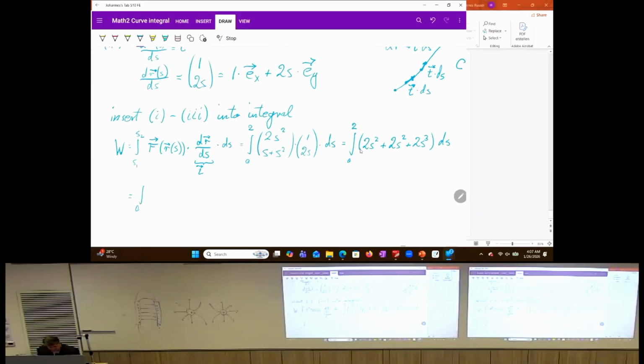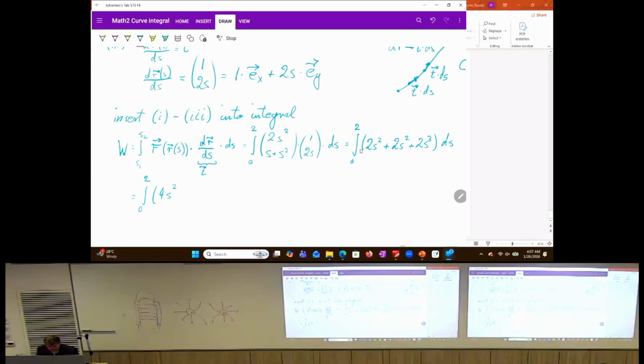So we integrate from 0 to 2. We have 2s squared plus 2s squared, which gives us 4s squared, and then 2 times s to the power of 3. We integrate that. What gives us the integration of s squared? It gives us s to the power of 3 over 3.